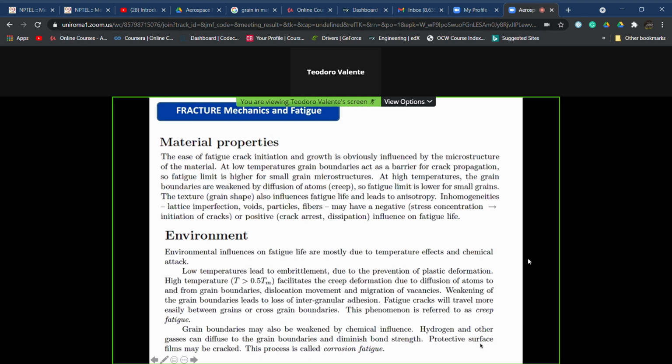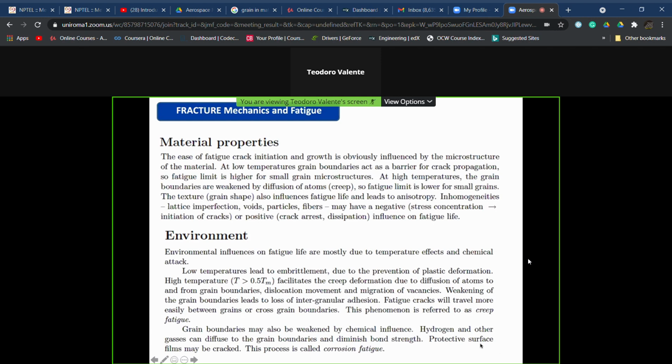At high temperature, typically higher than 50% of the melting temperature, we know that creep deformation can be present in the two forms that we know: dislocation movement and, as I told before, solid state diffusion.